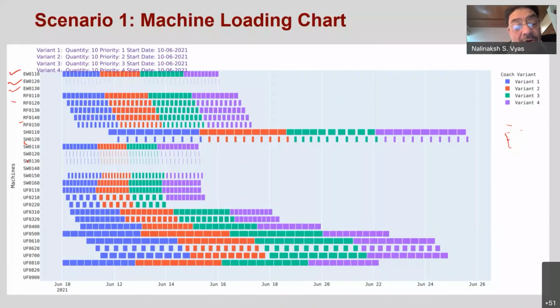If the machine is out of order for some time, or is not functional for some time, what is the alternate route that needs to be created, or how much time does one have to wait, and how does the process get affected, or a particular component gets stuck somewhere. All this gets monitored through the machine loading chart.